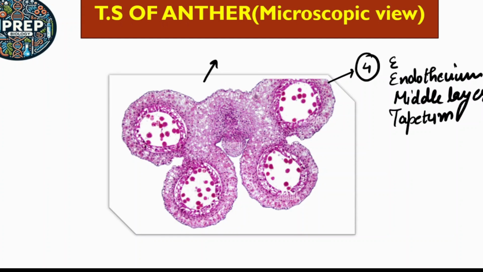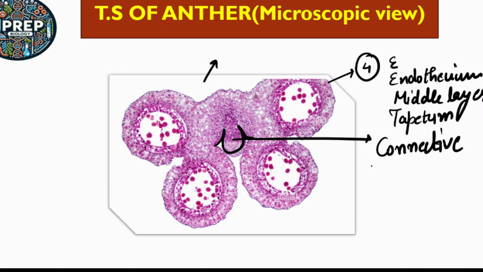Okay, and this is the structure of the mature anther. Is it clear? Because the pollen grains are formed, that's why it is called the mature anther. And if you can see here, this kind of structure is seen at the middle of the anther. This is called the connective.